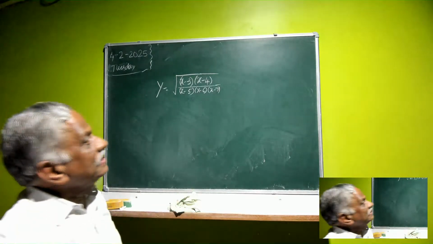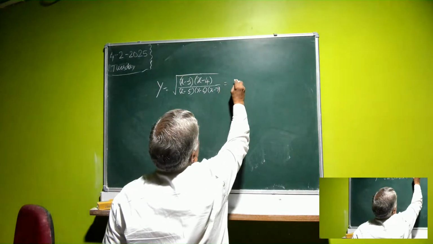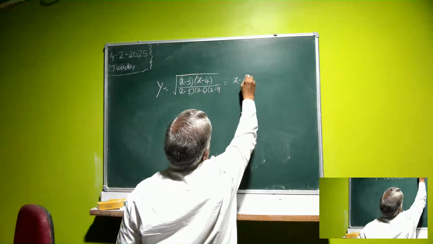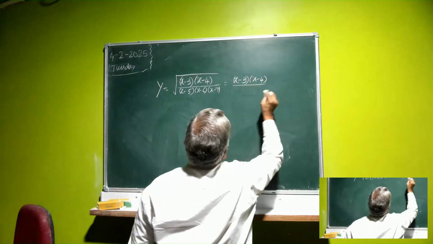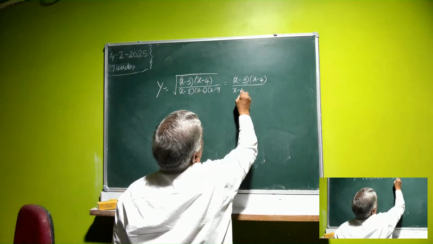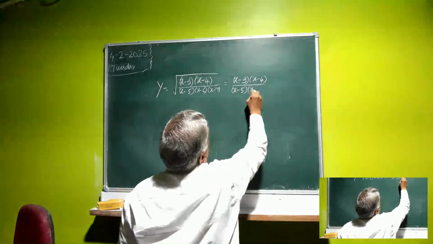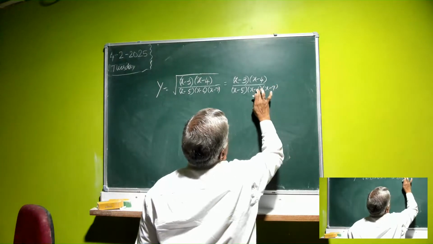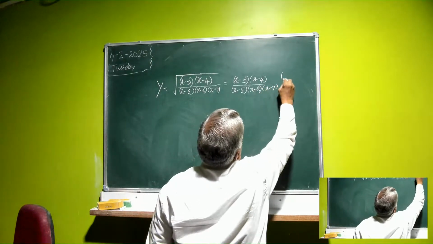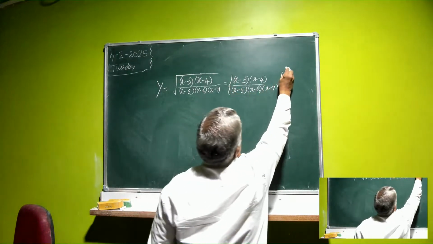So when root is given, you should realize this problem is of this type: x minus 3 into x minus 4 divided by x minus 5 into x minus 6 into x minus 7, whole to the power of 1 by 2.